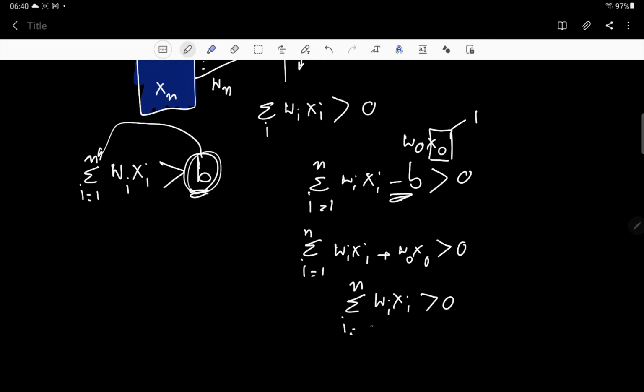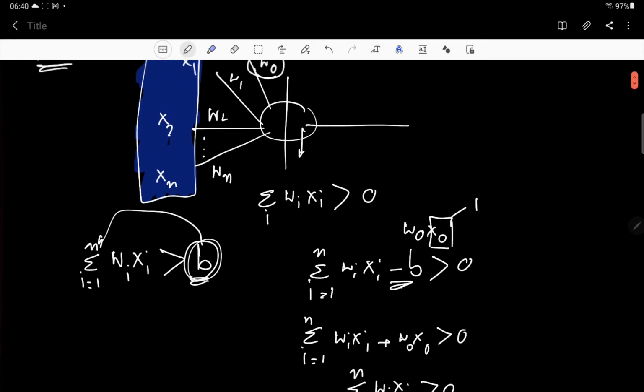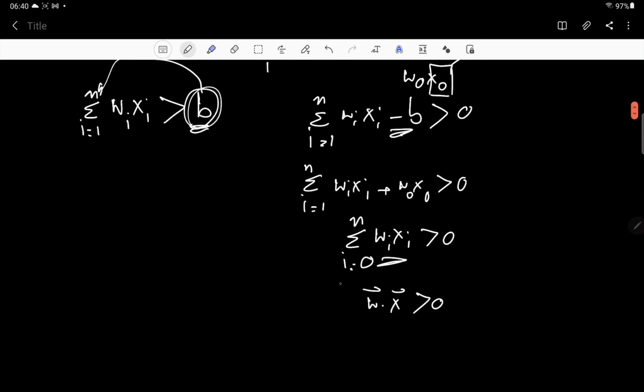At this time, we will change it to 0. Or many people say that this is the summation for all wixi. So we will make it the vector w dot x greater than 0. Okay, so I hope that this will be our simplest equation for the threshold linear neuron.